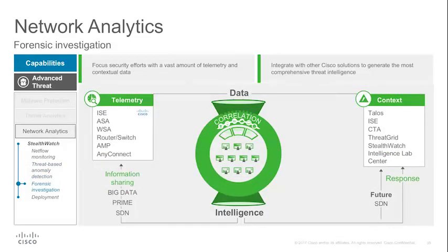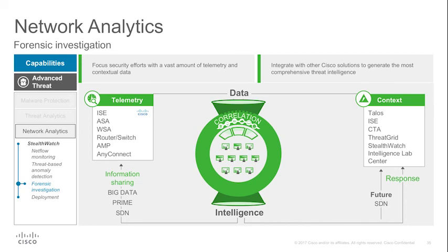StealthWatch brings together the vast amounts of telemetry and context data from all security appliances to detect anomalies and focus security efforts. It correlates all network traffic, creating a complete picture of network activity and in-depth security context for improved situational awareness. This added layer of visibility includes applications, devices, and user identity to dramatically improve security, troubleshooting, and compliance.